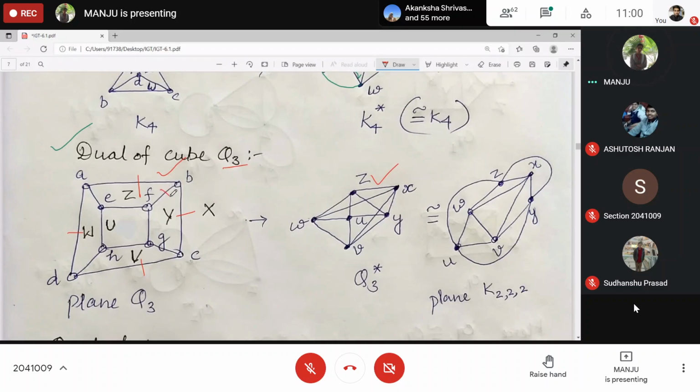And here Y and Z have this edge, and V and Y. U will also be adjacent to all these, not with X. You can redraw this as a plane graph. And this one is your graph isomorphic to K2,2,2, a tripartite graph.